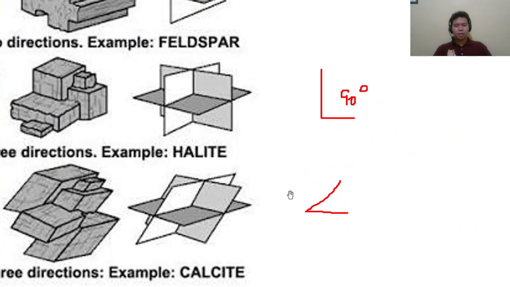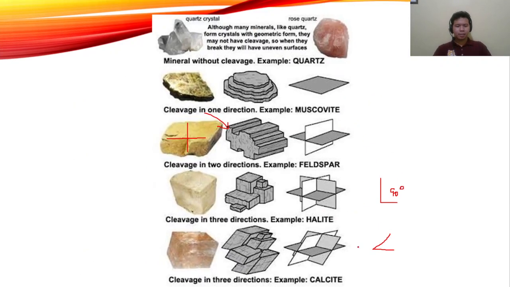The one side is acute, the other side is obtuse. It breaks into three directional breakage. So that's for calcite.